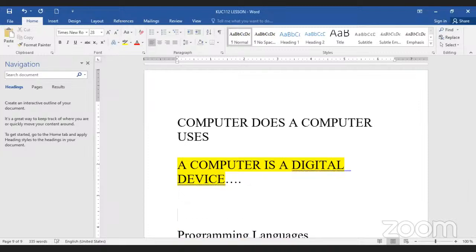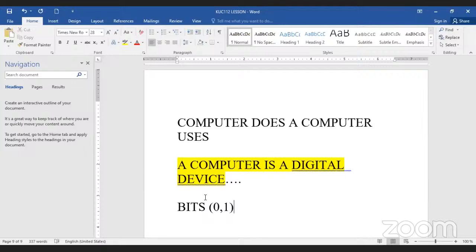So we realize that a computer usually understands what's called bits. A computer understands bits, and bits are zeros and ones. That's the only language that a computer understands.